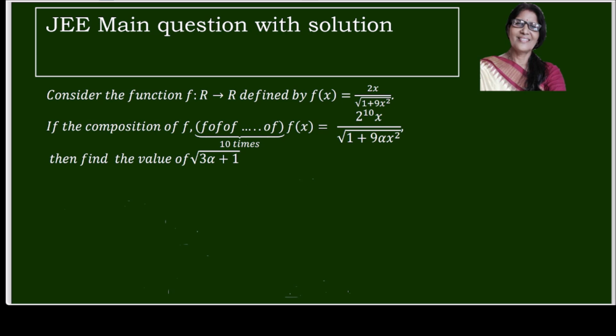If the composition of f taken 10 times, f of f of ... f of x, equals 2 raised to the power 10 x over square root of 1 plus 9 alpha x squared, then find the value of square root of 3 times alpha plus 1.